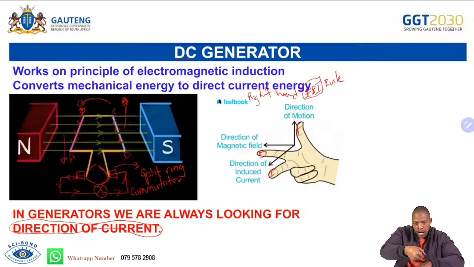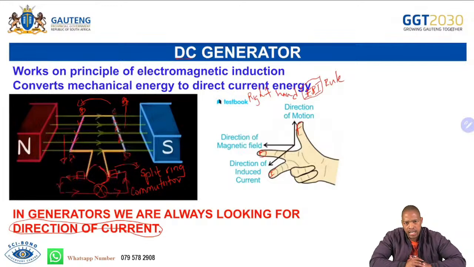The direction will be coming out of the page. So when the blue goes to the other side and goes down, I need it to be connected to this side. Therefore, it's going to give me a current in one direction. And when pink comes back, it must be pink connected to this side. That way, it will always give me a current in one direction in the external circuit.